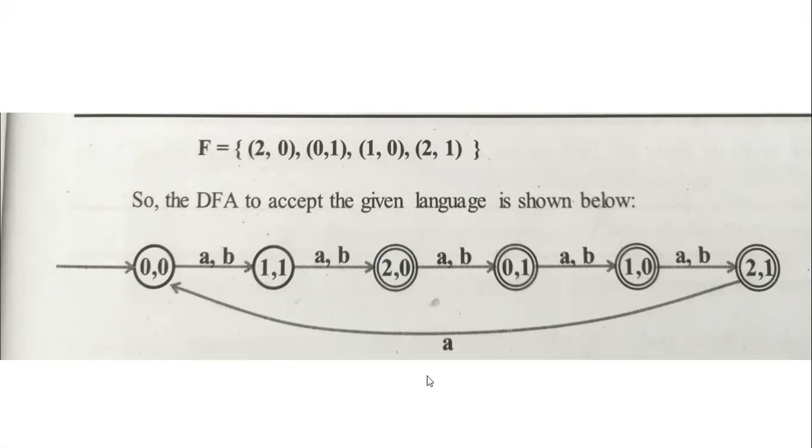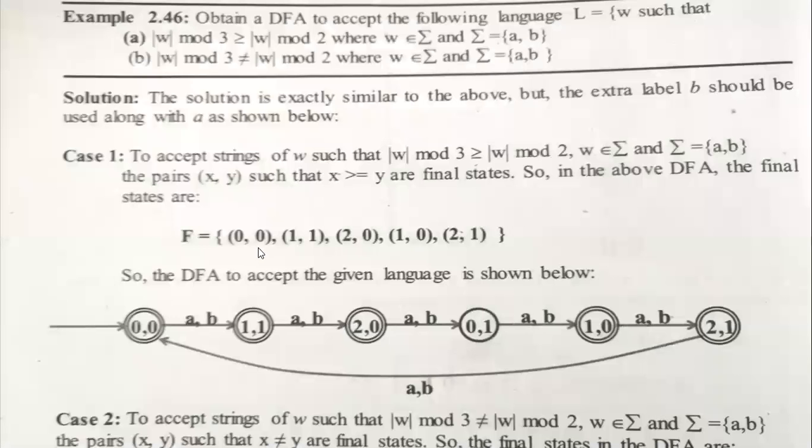In this particular slide, case number 2, observe it: length of W mod 3 should not be equal to length of W mod 2 exactly.